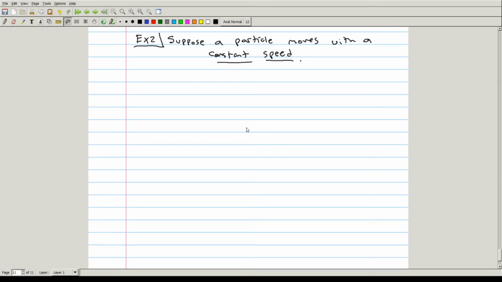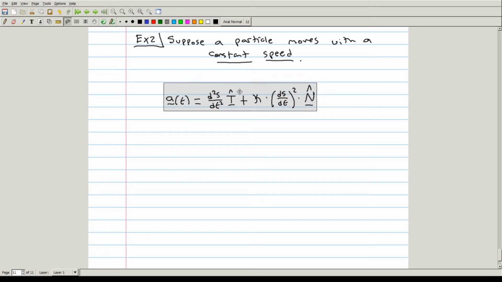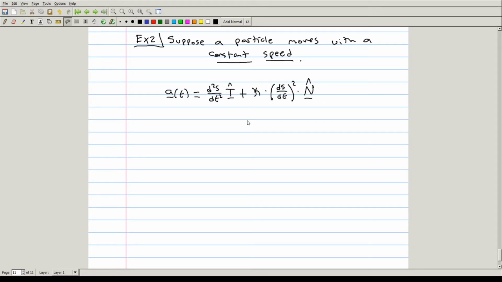And we know that the acceleration will always be decomposed into a tangential component and a normal component. But if it moves at a constant speed, that means that the rate of change ds/dt, or the magnitude of the velocity vector, is equal to a constant. I'll call it vc, a constant speed, not constant velocity.